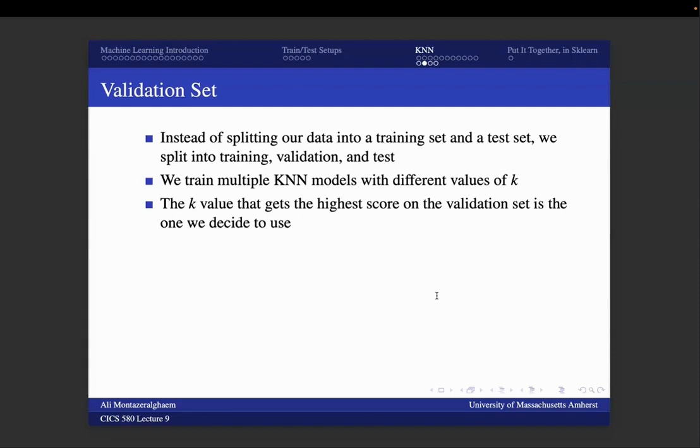Then we get the performance of the system on the validation set, and then use the K that gets the maximum score or accuracy on the validation set. You just need to keep in mind that we cannot use the test set to decide about the hyperparameter. We need to have another set, which is the validation set, and use this set to decide about the k values.